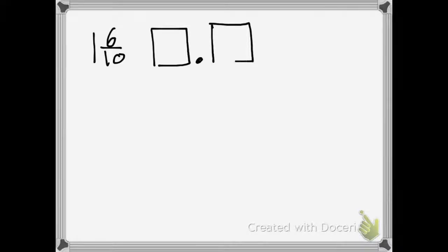So let's take a look at some other fractions and numbers and look at making them into decimal numbers. So let's start off with 1 6/10. So if I'm doing that, here's my decimal number chart.